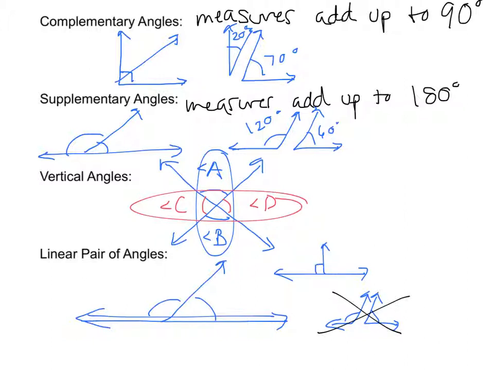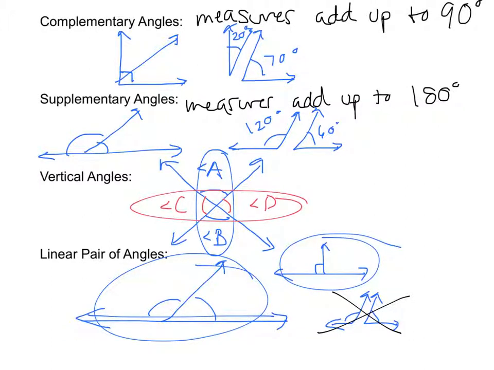So no, yes, yes. They are on the same line, meaning that they would also be supplementary and share a side. And that is all the vocab in these two sections.